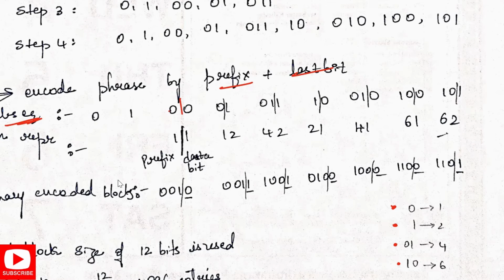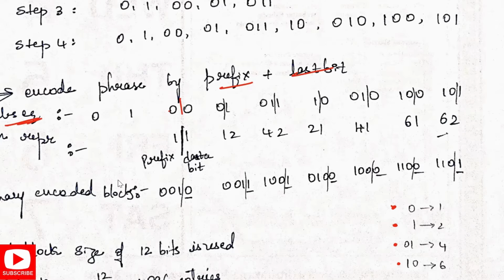Now the binary encoding blocks. Here, encoding is happening. So 1, as I said, is encoded as 0. For the 2 it is 1, for the 2 it is 1, for 1 it is 0. Similarly, for the 1 you write it as 0 0 1, for 1 it is 0 0 1, for 4 it is actually 100.